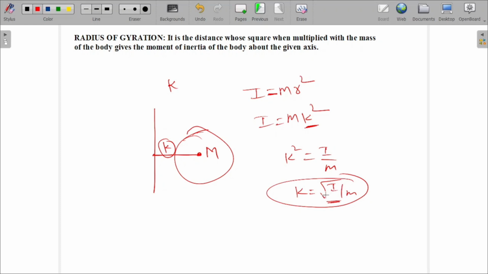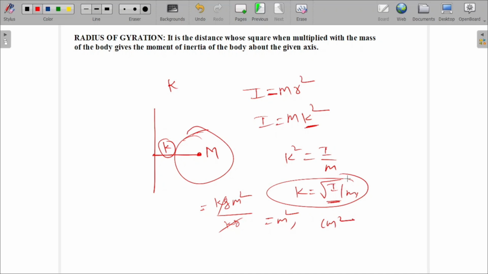Can you tell me the units? The unit of moment of inertia is kg meter square, divided by m, mass kg is gone, so the unit is meter square. CGS unit is centimeter square.